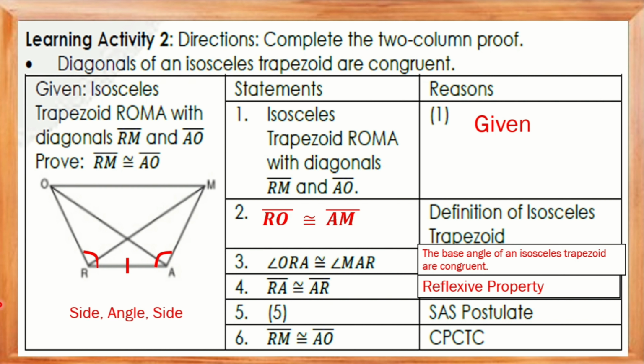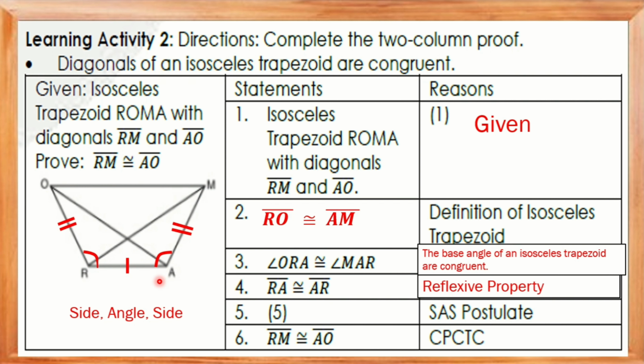So ito ay sa triangle. Okay, so ano ba ang mga congruent dito? Ang side OR ay congruent sa side MA. Okay, so this side and this side are congruent. Tapos itong angle ORA, itong angle na to at saka yung angle na to, yung MAR, are congruent.